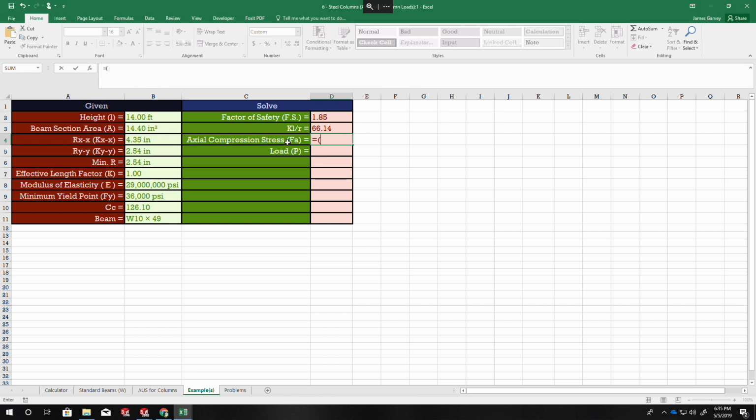So parenthesis, let's see, I'm going to do, yeah, that is 1 minus parenthesis KLR squared divided by parenthesis, this one does matter, 2 times CC squared in parenthesis, and in parenthesis.